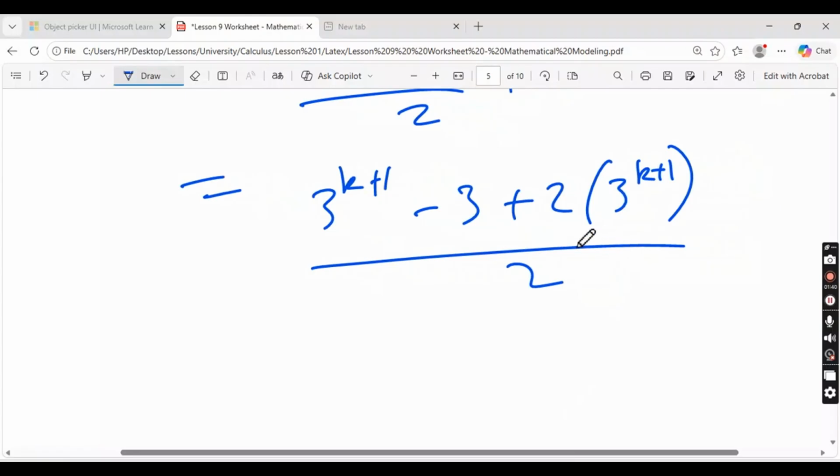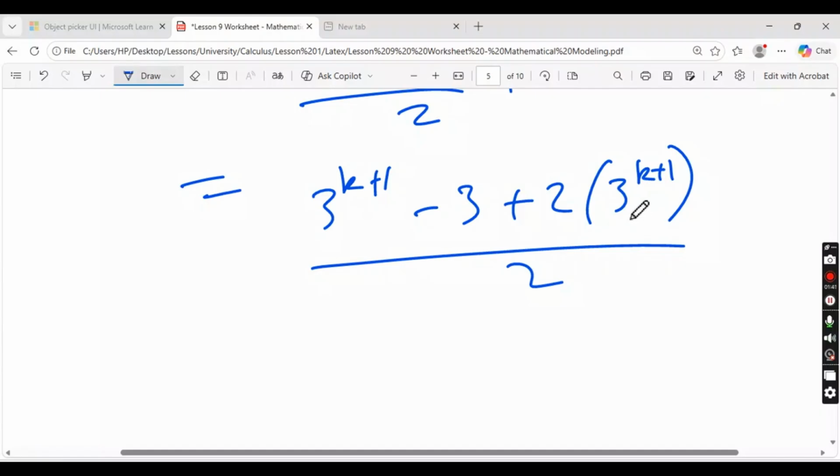From there, we say 6 to the power of k plus 1. It's not 6 to the power k plus 1, because 2 cannot multiply 3 because of the power. Then it stays like that.